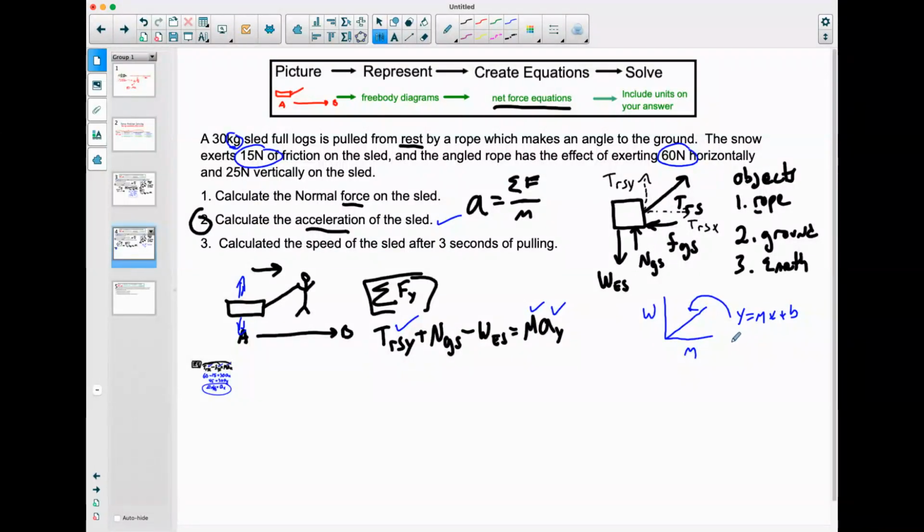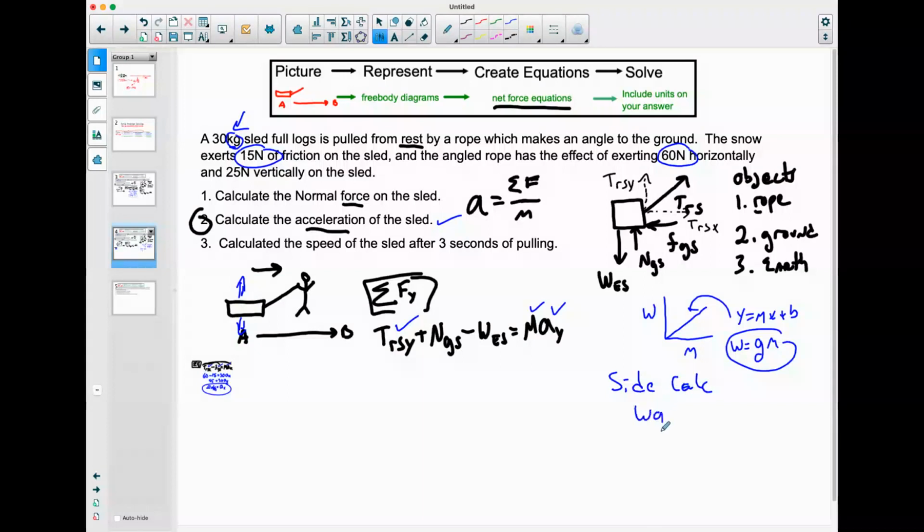And that led us to see that the weight of an object was equal to the slope of this line times the mass, where the y-intercept is 0. And the slope of this was called the gravitational field, and the symbol is the little g for that. And so this actually gives us a way to calculate the weight of the sled, knowing the mass that we have. So let's do a little side calculation.